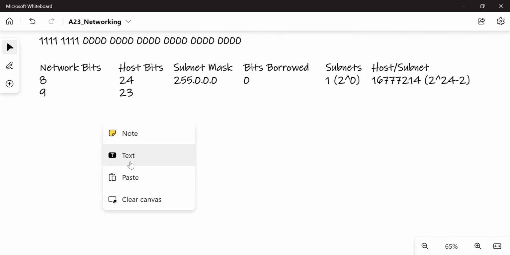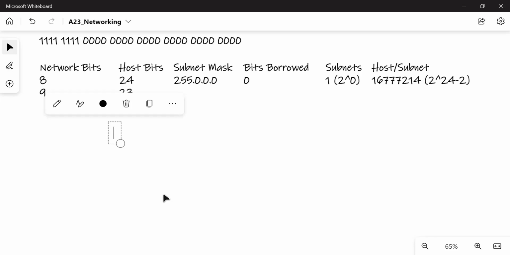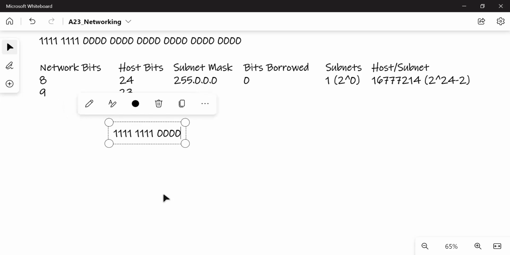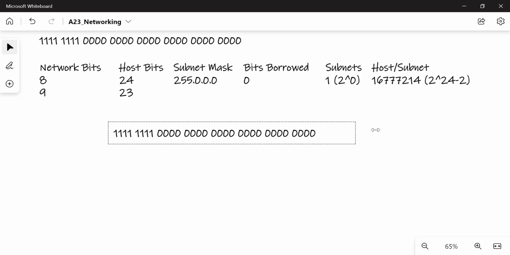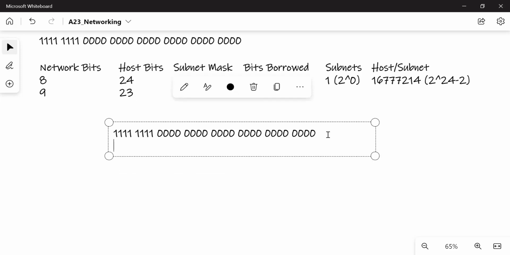To explain that, let me type it separately. So this is what we have in the beginning, right? When you have it like this, the subnet mask is 255.0.0.0.